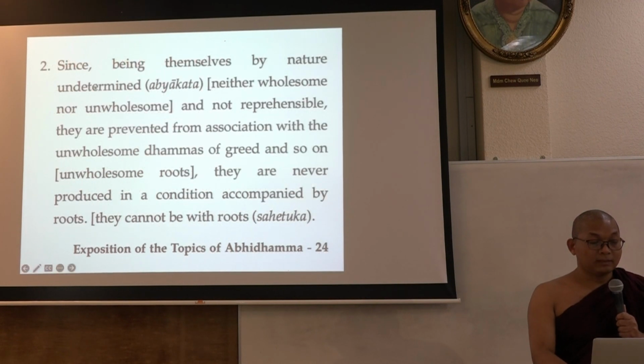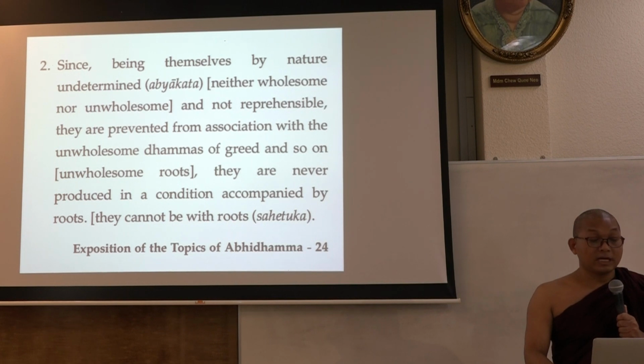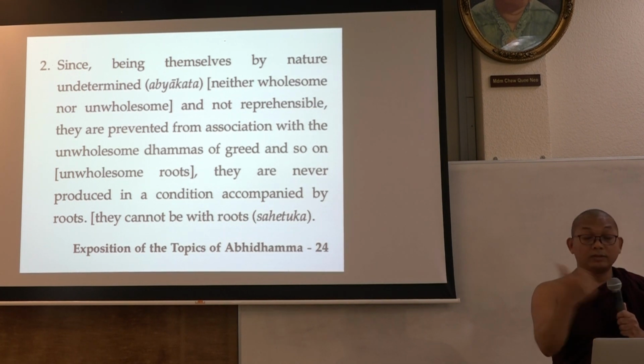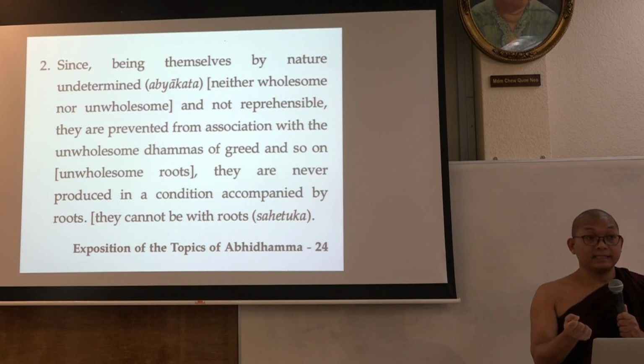Another one, since they are by nature indeterminate. In Pali we call it abyakata. Abyakata means neither wholesome nor unwholesome. So that means these akusala vipaka cittas are not kusala nor akusala. They are abyakata, indeterminate. In other words, they are vipaka, resultant cittas. Not reprehensible.